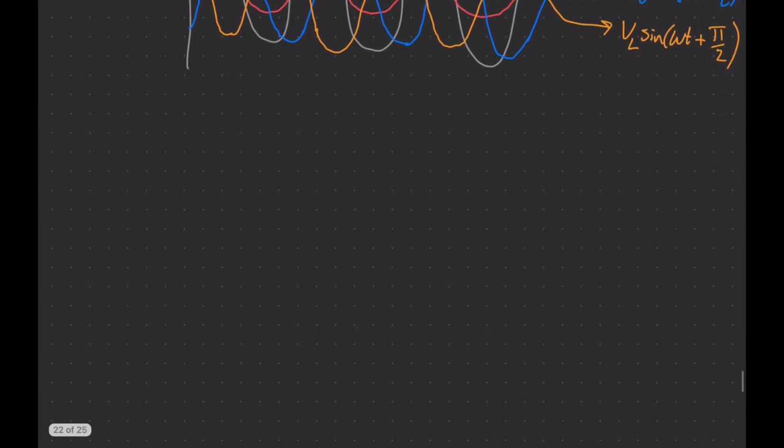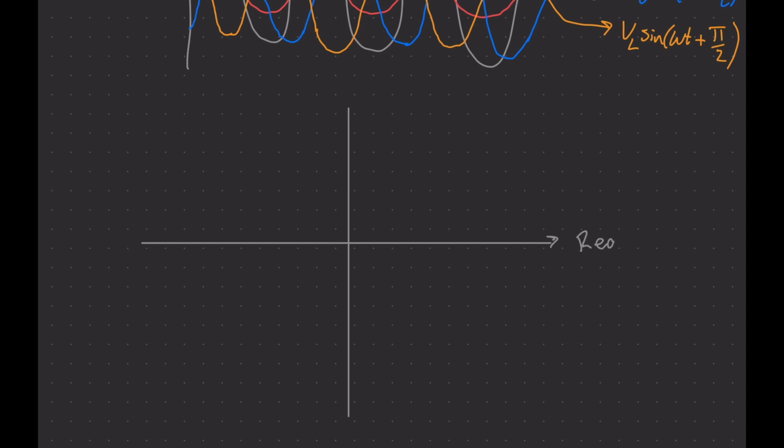If you've learned anything about the unit circle, you can actually plot these guys here on something called the real and imaginary plane. No need to worry about that, but basically if you have a circle here, you can start over here at 0 degrees or 0 radians. Over here at the top, you reach 90 degrees or pi over 2 radians.